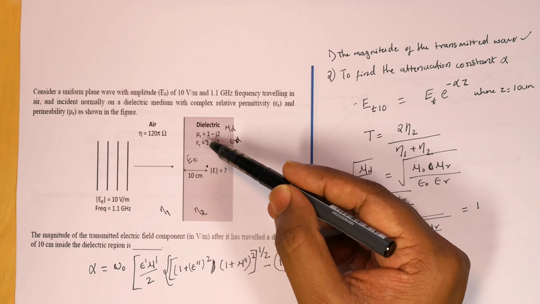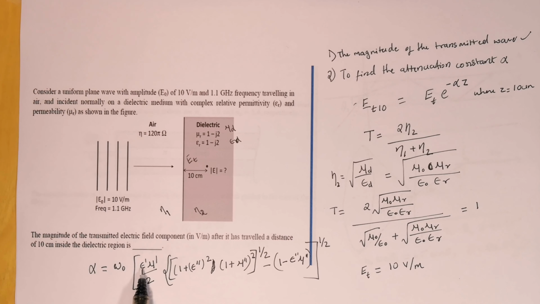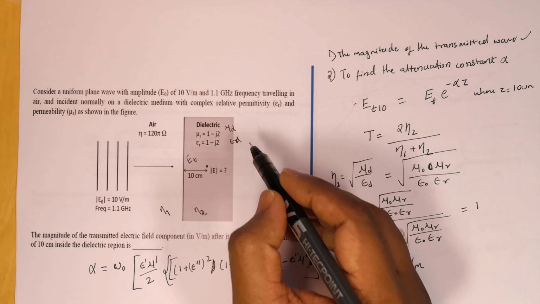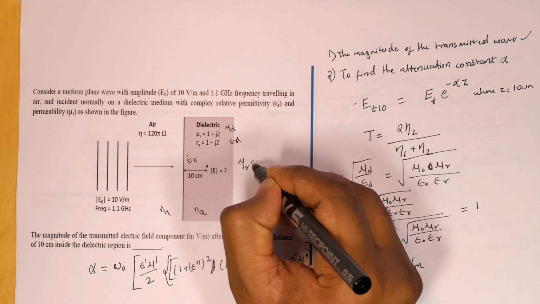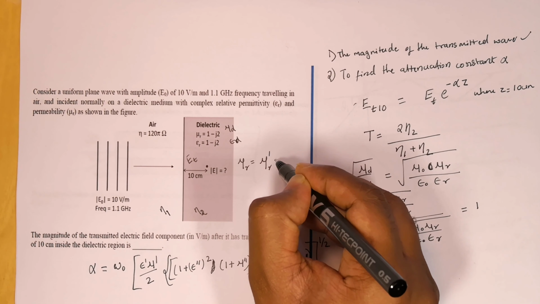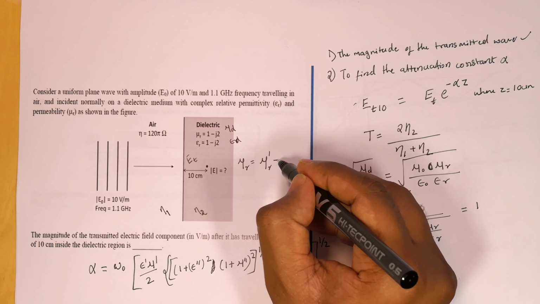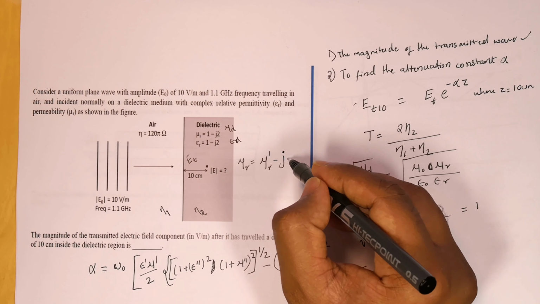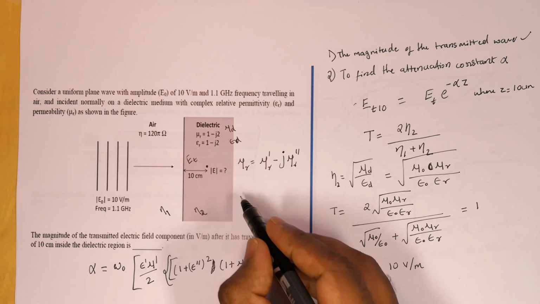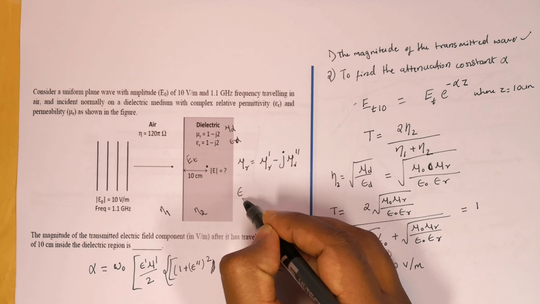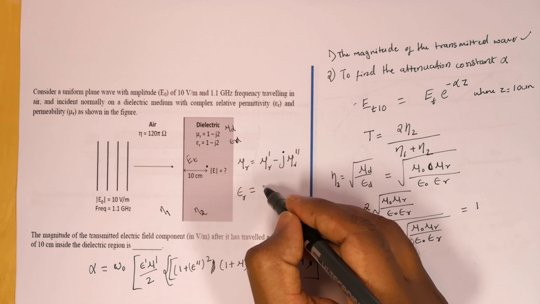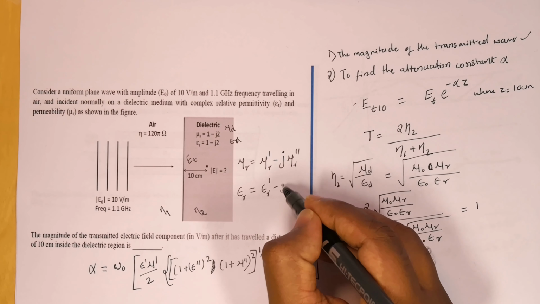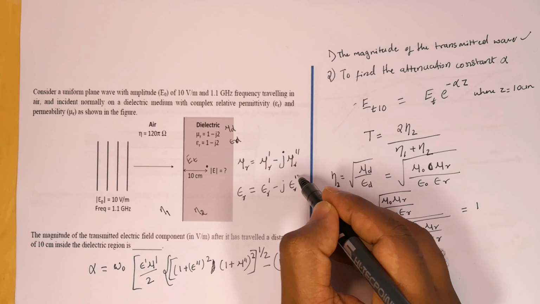So what we need to see is what epsilon dash, mu dash, epsilon double dash and mu double dash are. Given here is mu r, which is usually represented as mu r dash and mu r double dash, as a complex permeability, and epsilon r is epsilon r dash and epsilon r double dash.